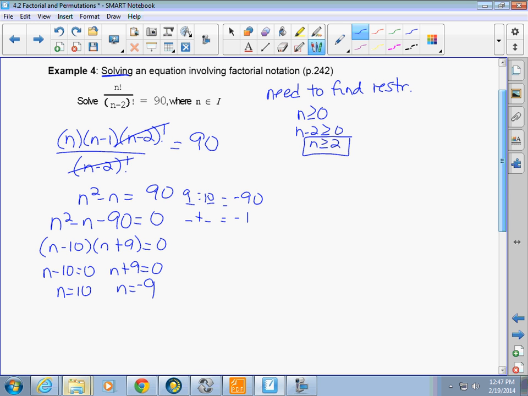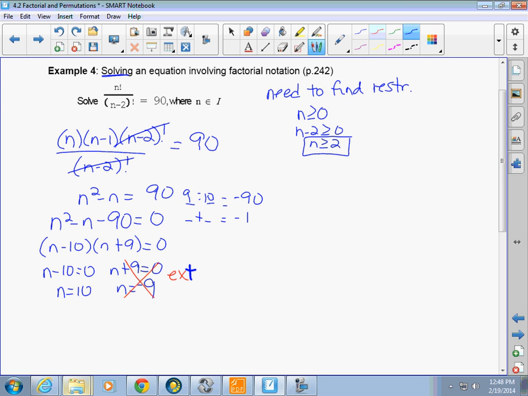So I have n is equal to negative 9. I can't have a negative value for my factorial, so that means this is an extraneous root. Well, let's see if my pen catches up. Might have to write that again. Yep, okay.